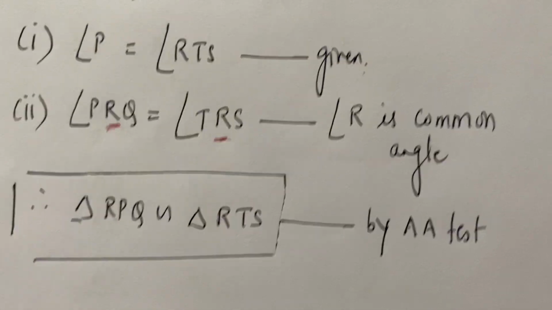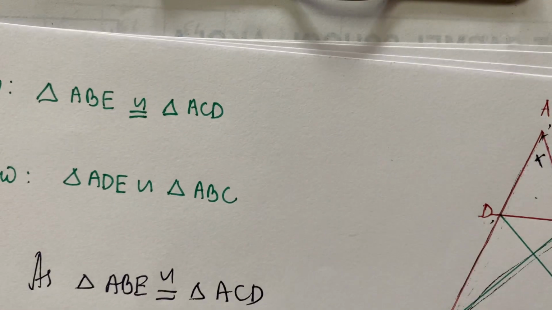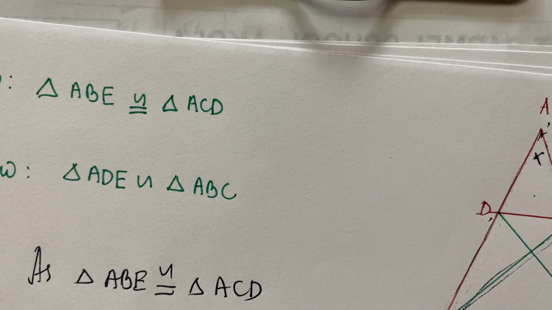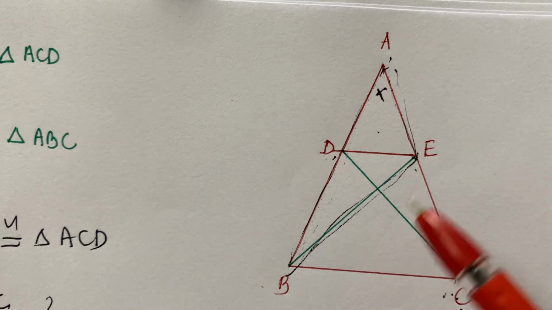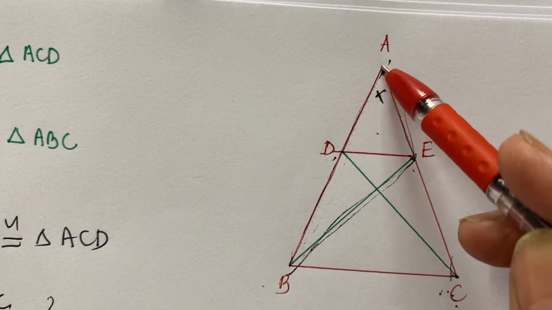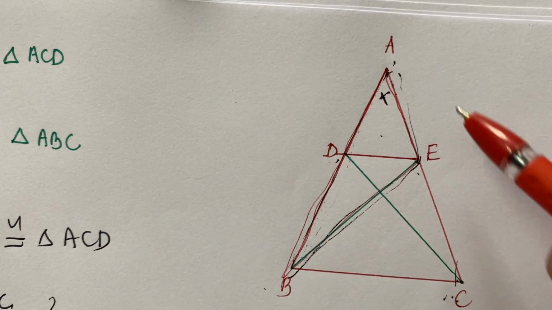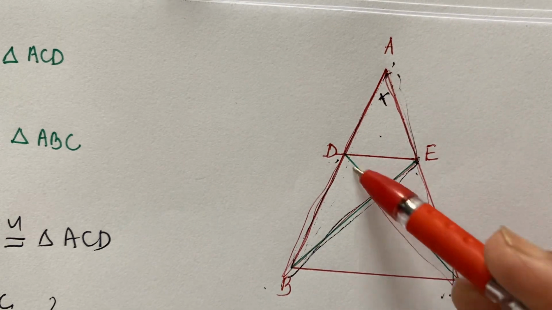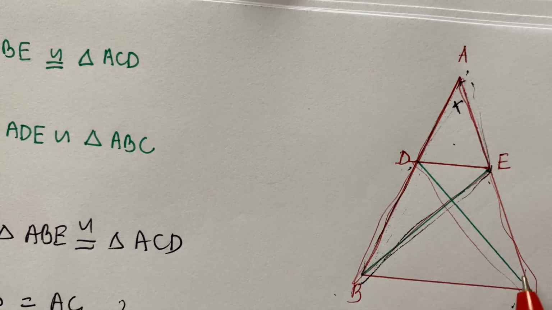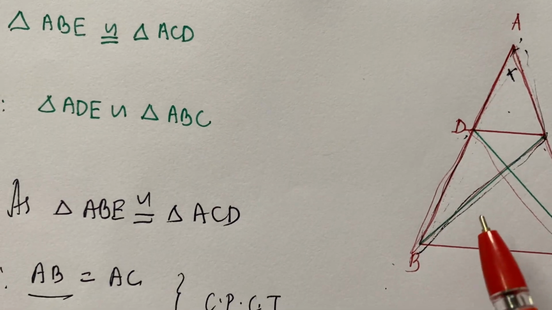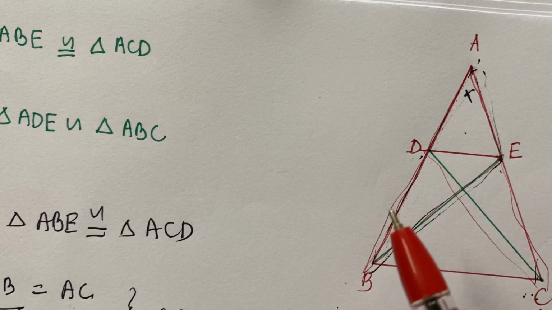Okay. Now come to sum number 6. In sum number 6, you are given this figure. In this figure you have been given triangle ABE is congruent to triangle ACD. Now students, you know, when two triangles are congruent, then the corresponding sides are equal, and the corresponding angles are congruent.